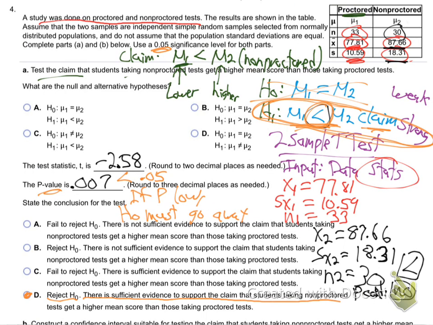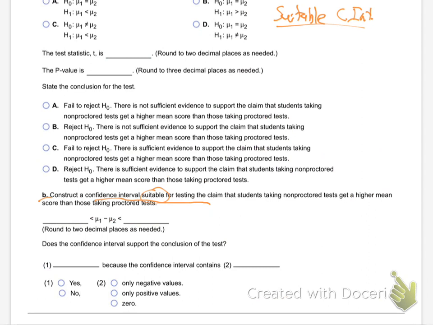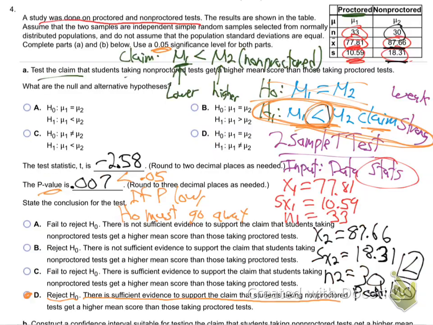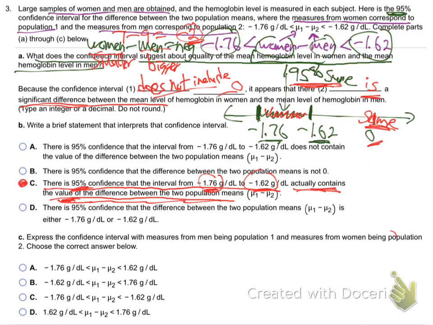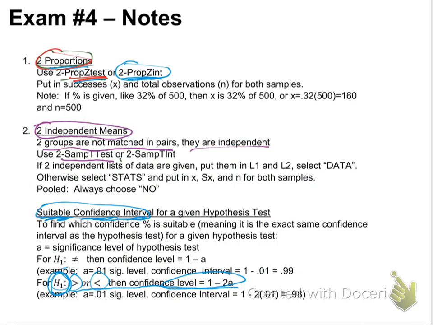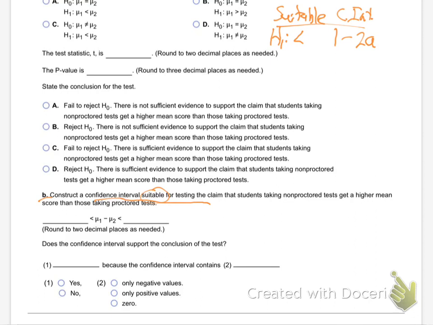If your H1 is less than, you do 1 minus 2a, right? Remember the notes that I gave you? If I can find it, there it is. Suitable confidence level for H1 greater than or less than, you do 1 minus 2a. So 1 minus 2a, what's the a here?